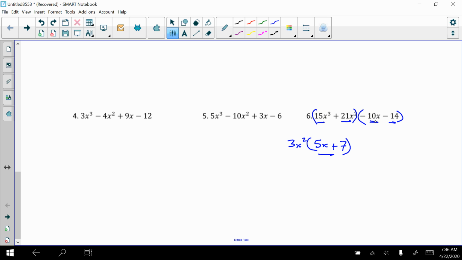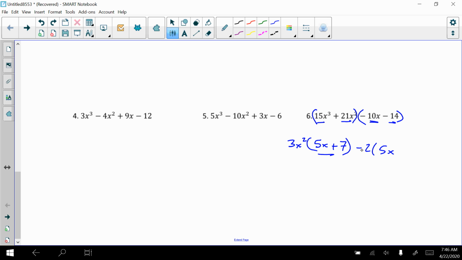Okay, now let's just think about a GCF that I could pull out. I can't take out an x because negative 14 doesn't have an x. 2 goes into both of those numbers. And I believe that that's the biggest one that I can do. Okay, so let's take out a negative 2. So I'm dividing both of these things by -2. Negative 10x divided by -2, it's going to switch to become a positive. It's going to be 5x.